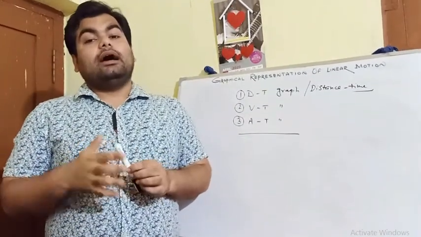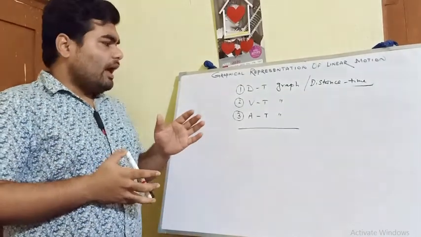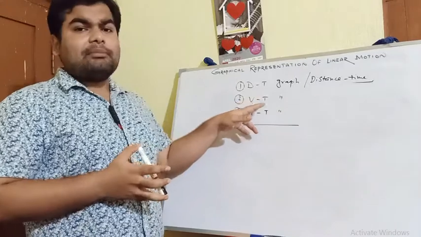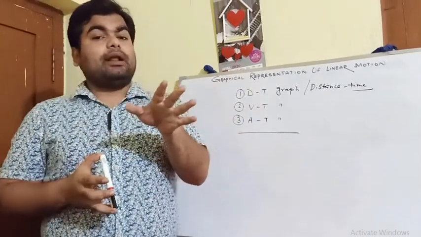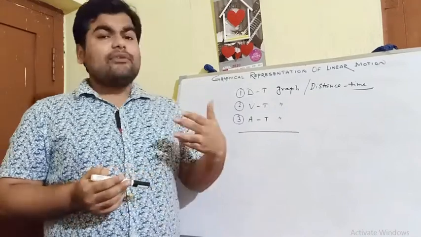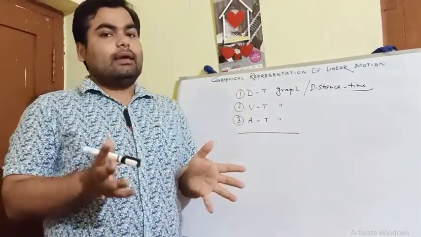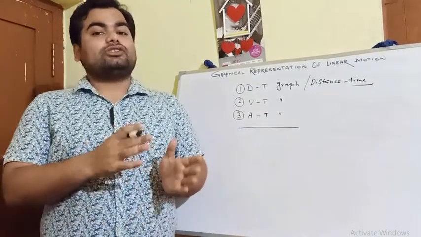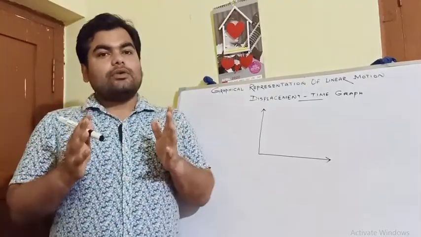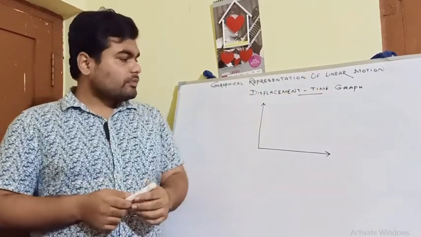Because here the direction of motion doesn't change, and also the velocity time graph and the speed time graph are the same for the same reason. But if you take two-dimensional or three-dimensional motion, they will differ as the direction of motion changes. Okay. First, come to the displacement time graph.